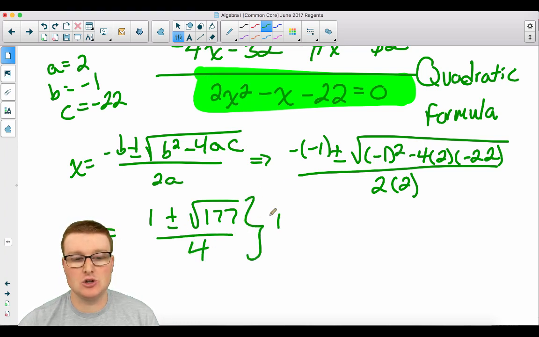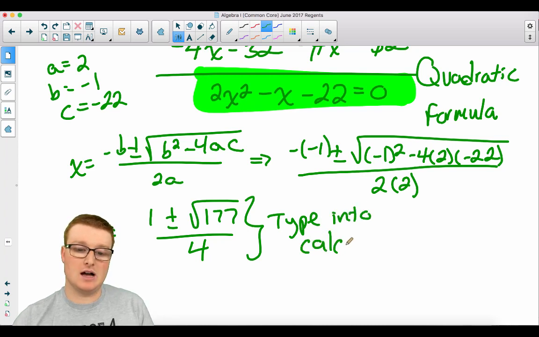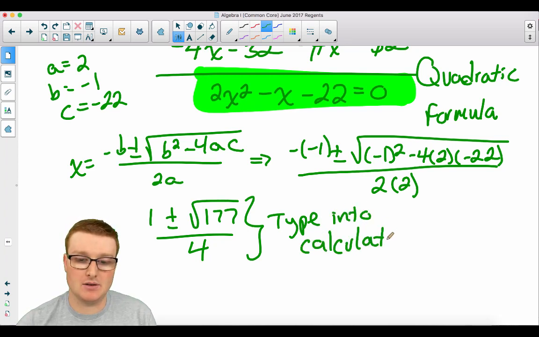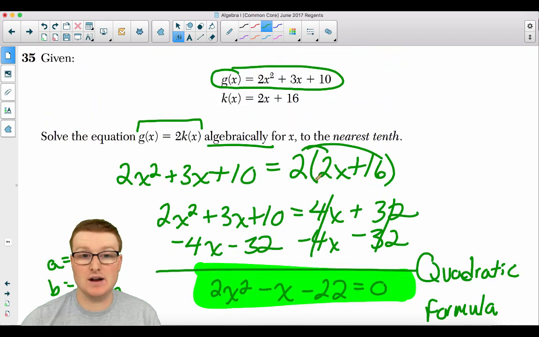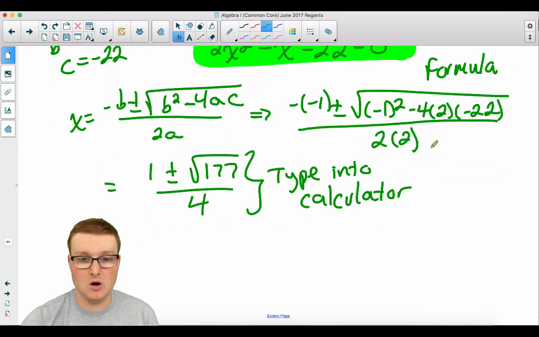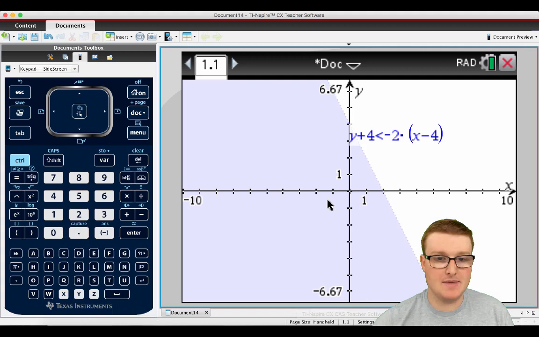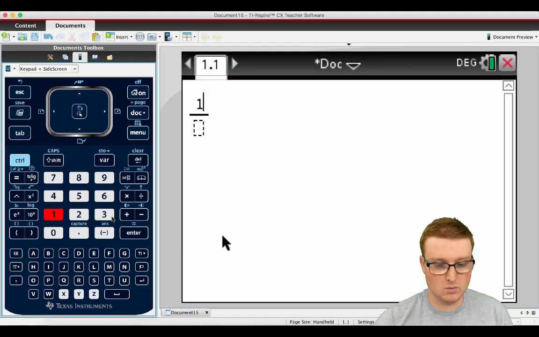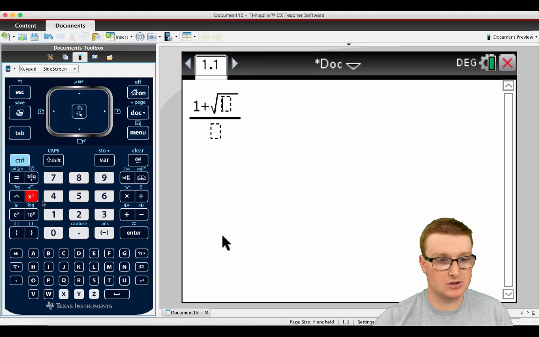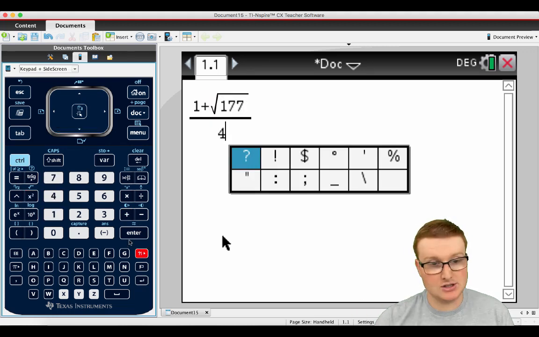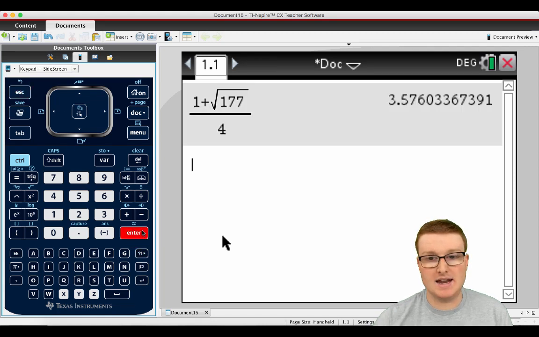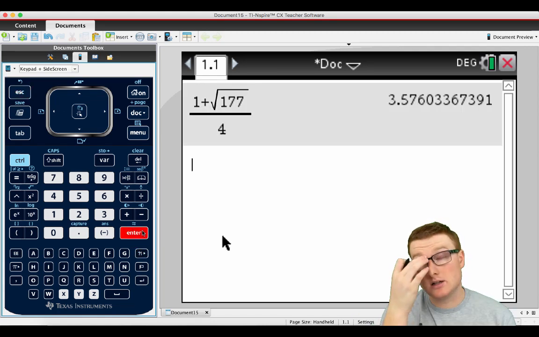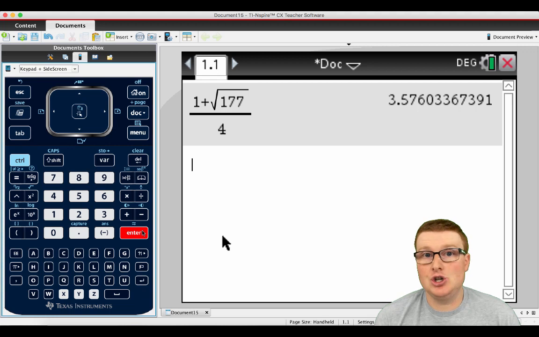Now, this you need to type into the calculator. There's no other way that you could solve for this without the use of a calculator. And it says round to the nearest tenth. Okay, so if you type that in, 1 plus the square root of 177 over 4, we get that answer. Now, the problem, ladies and gentlemen, is that there are two answers.